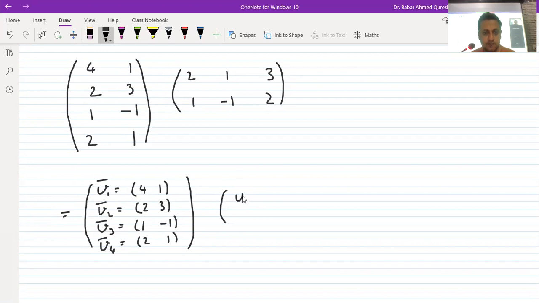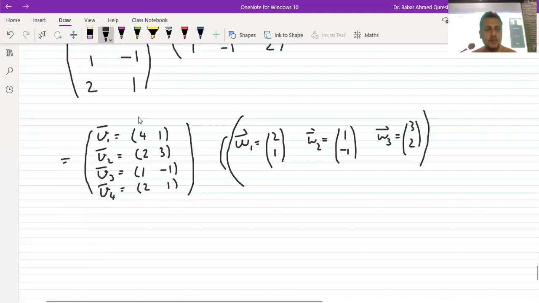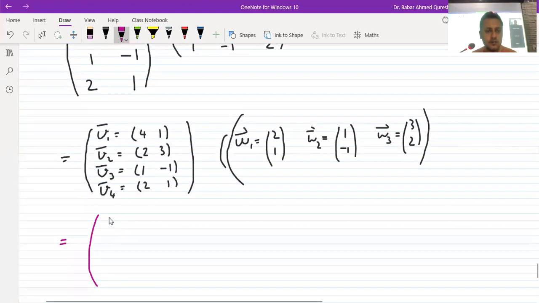Let's call them W, lying side by side. This is the bigger bracket for the matrix. And your resultant is just this product.